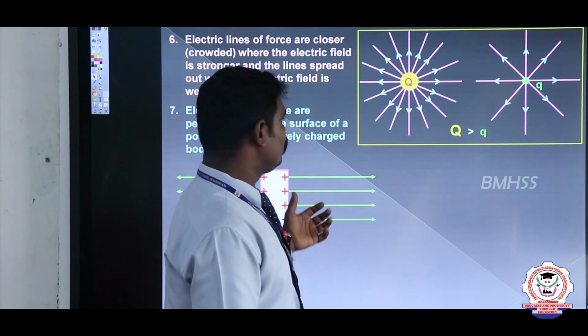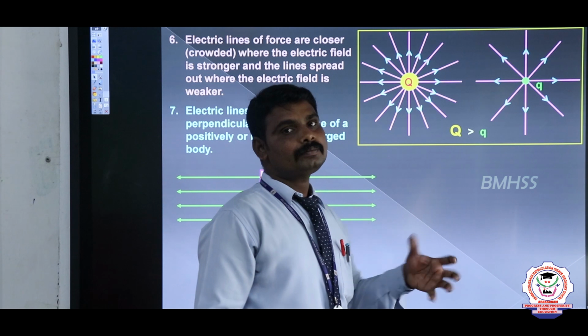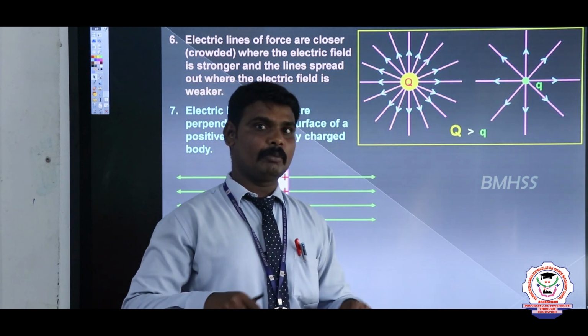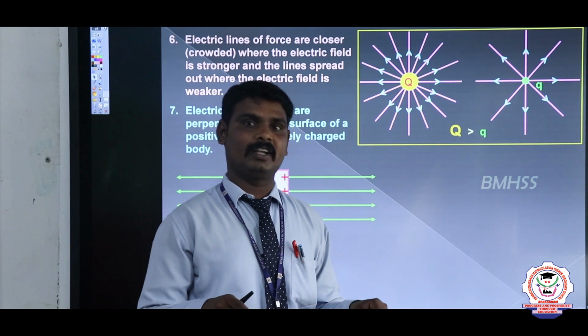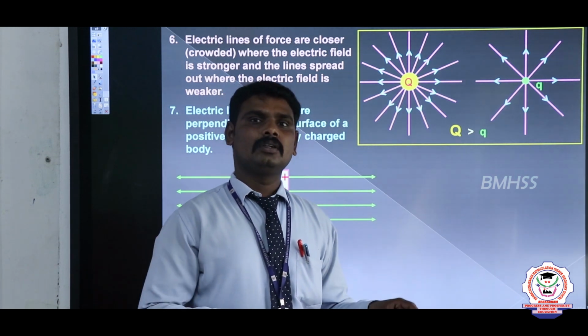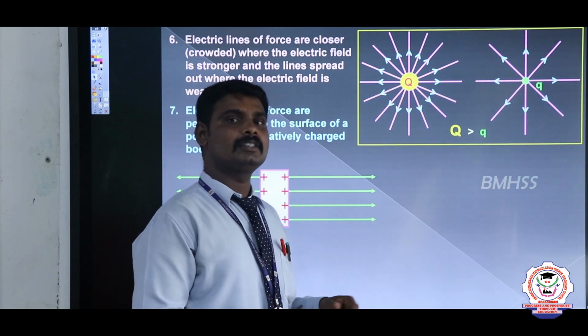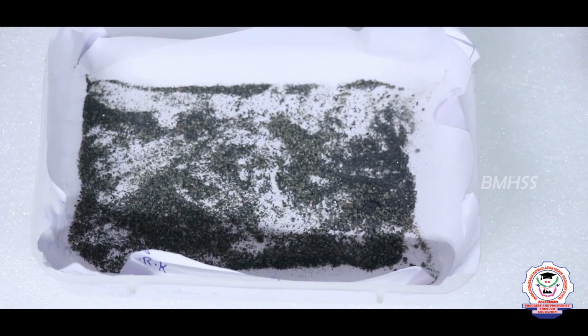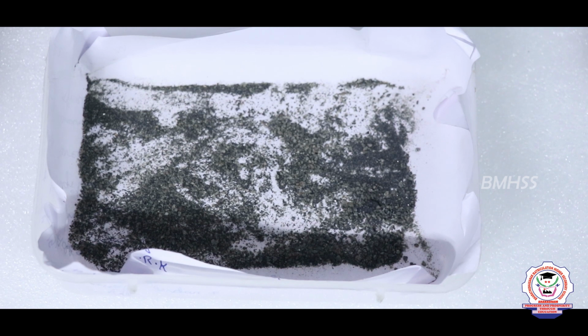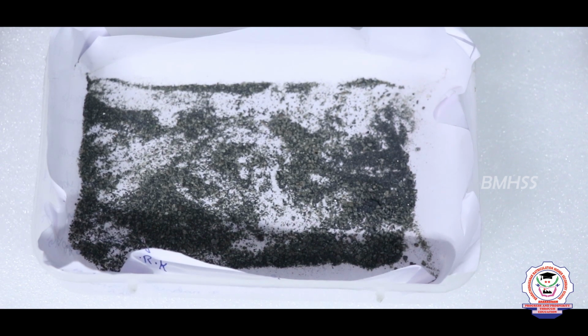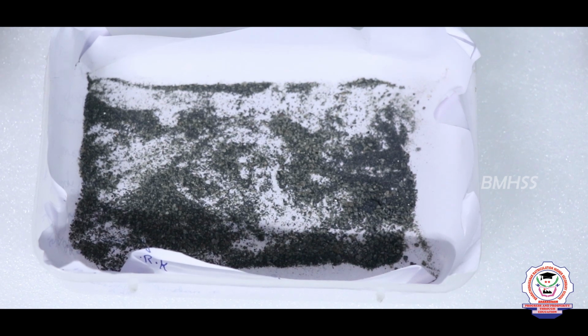Okay, we can see these electric field lines by a small demonstration, but that demonstration is for magnetic field lines. Almost the properties of magnetic field lines and electric field lines are the same. Electric field lines are imaginary lines, created using the electric field due to positive and negative charge.